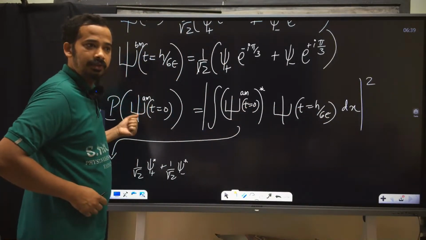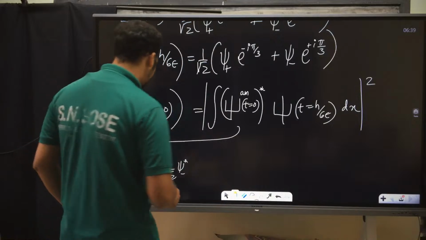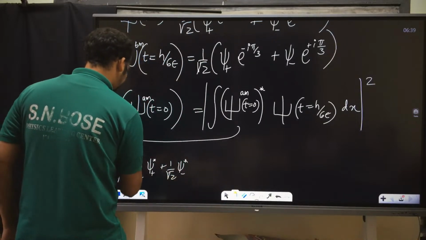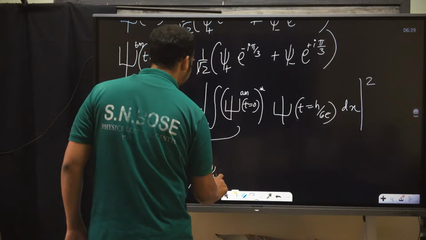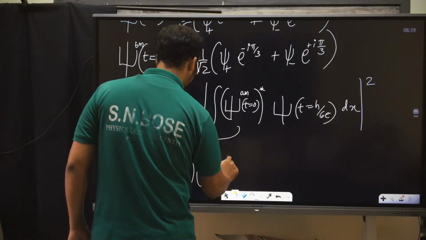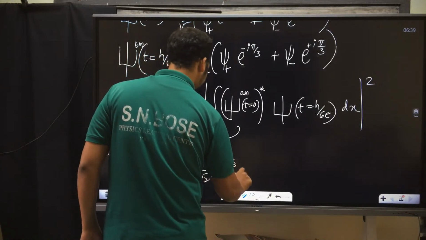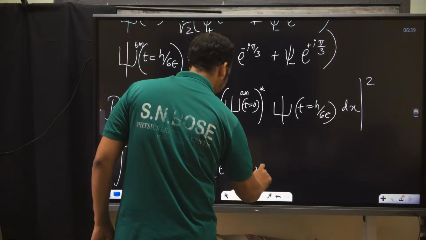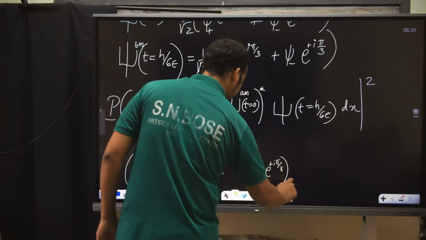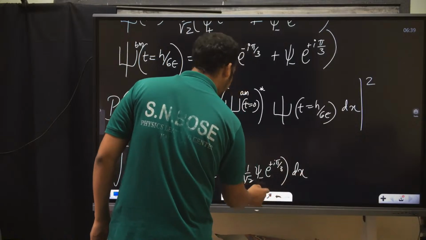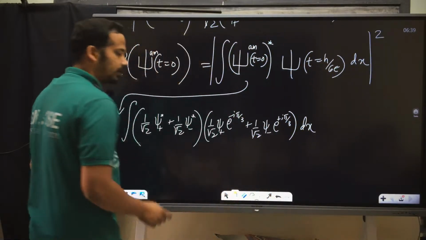That should be the state after the measurement, isn't it? So now multiplied with 1 by root 2 psi plus e power minus i pi by 3 plus 1 by root 2 psi minus e power plus i pi by 3, dx here. Later we shall do this with direct notation.